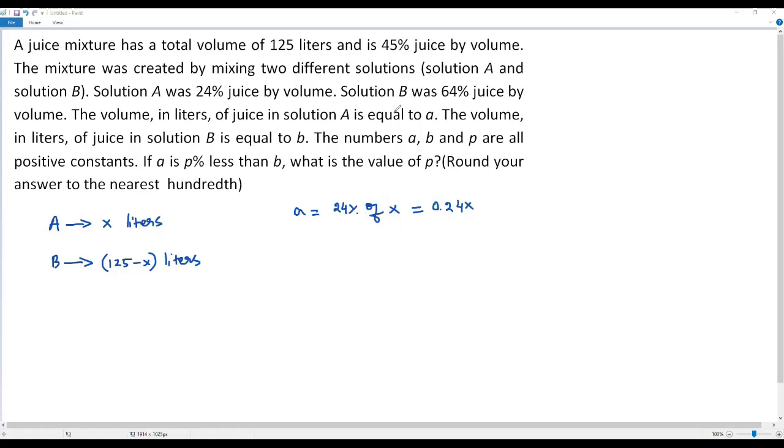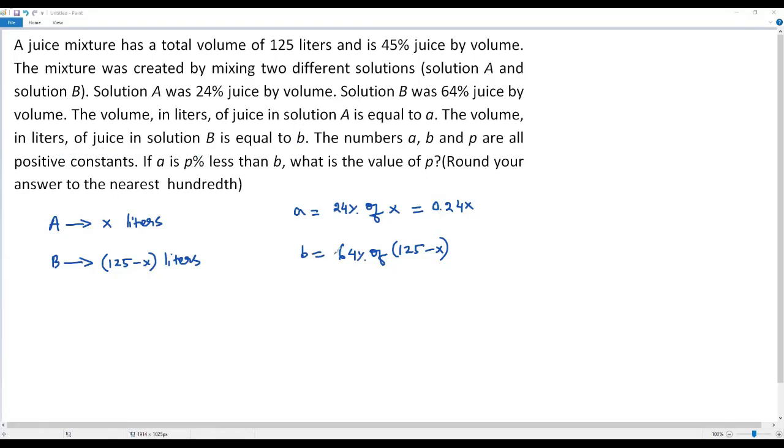Now let me consider the other information, that is solution B was 64% juice. In this 125 negative X number of liters of solution B, 64% is juice. Now to find the number of liters of juice in this 125 negative X liters, we have to calculate 64% of this 125 negative X. Okay, let me write it over here, 64% of 125 negative X. This expression represents the number of liters of juice we have in solution B, that is given by the lowercase b according to the information we have over here.